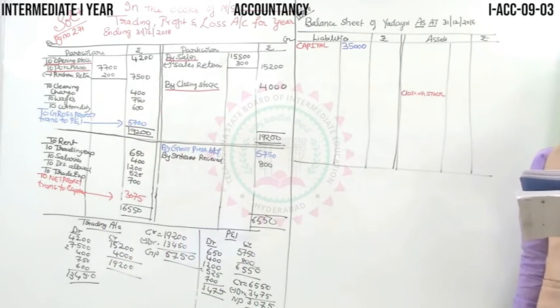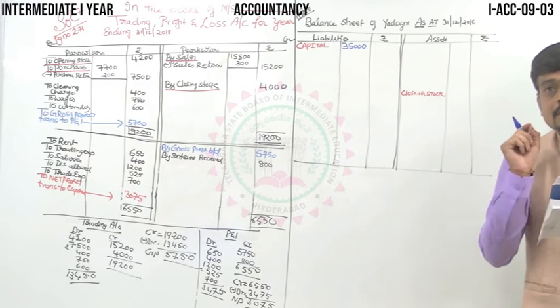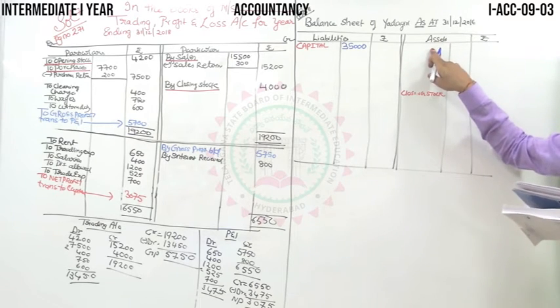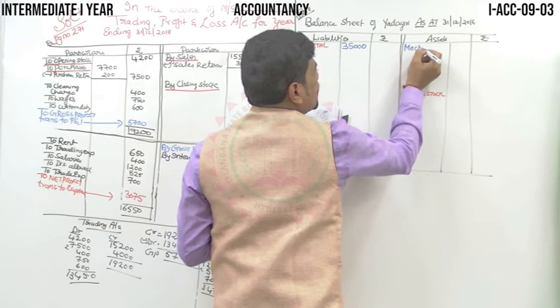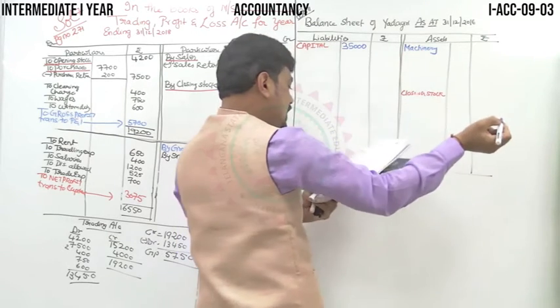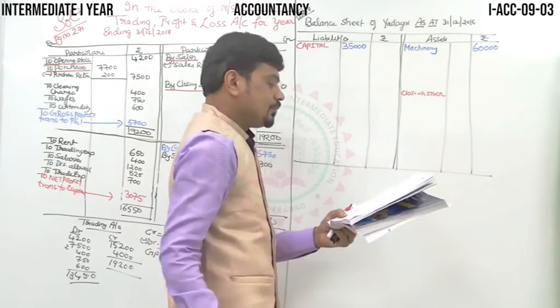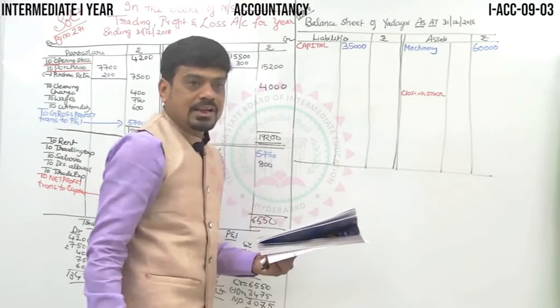Then machinery. Machinery is a fixed asset, dear. We know fixed assets come above closing stock. So, simply on the asset side, we'll write machinery and the amount is 60,000. Then creditors. Creditors are liabilities.